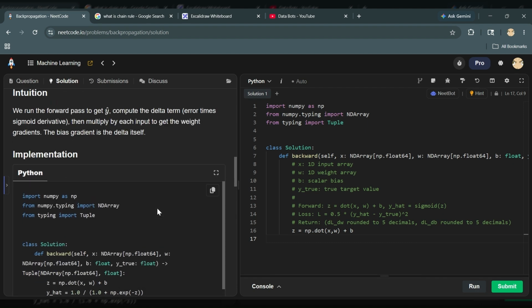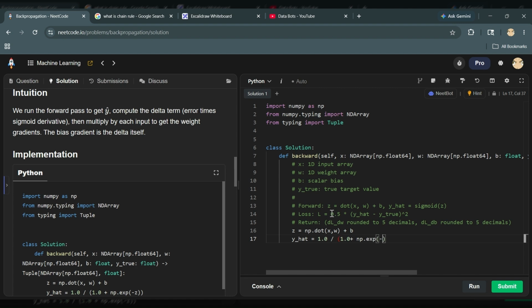So the predicted value will be like this: 1 divided by 1 plus np.exp(-z).